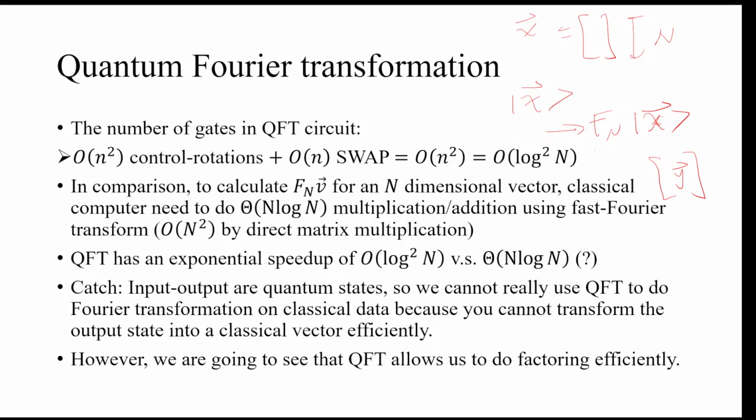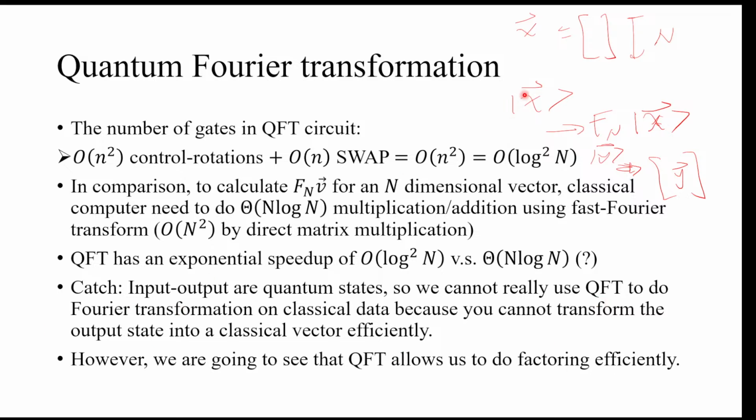you now have this quantum state y, but if you want the classical vector y, you are hit with this quantum information barrier where you have an unknown quantum state. To learn it you actually need a lot of time and copies. So the bottom line is: you can do the quantum Fourier transform really fast, but you cannot use it to do the classical Fourier transform.